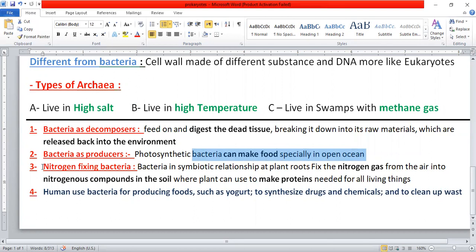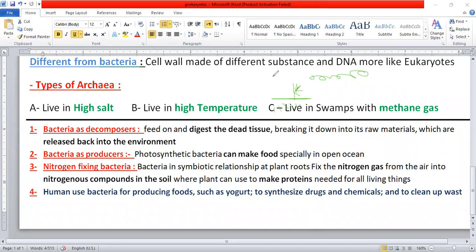The last benefit here that is very important is nitrogen fixing bacteria. Look, the nitrogen is present in the air, but the plant cannot get this nitrogen, okay? The plant can get the nitrogen from the soil.